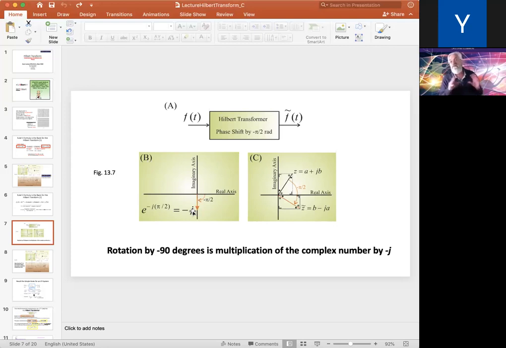You just take your signal, you multiply it by minus j, and then you get your Hilbert transform. And if you don't believe me that that is generically true, you can read that part in the book. There I take a random complex number, and I apply that multiplication with minus j to that complex number, and we find indeed that that results in the minus 90 degree shift.